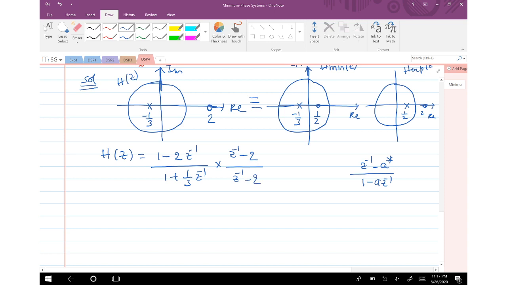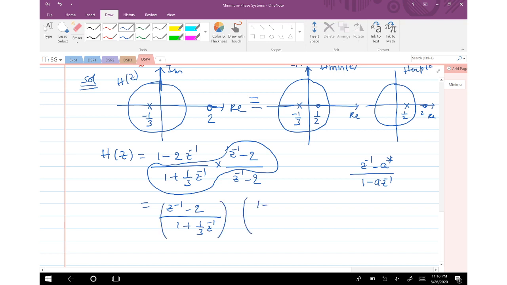In order to get the minimum phase system, you take this out and club those two terms together. You have z inverse minus 1 minus 2 divided by 1 plus 1 by 3 z inverse, and the remaining term is 1 minus 2 into z inverse by z inverse minus 2.